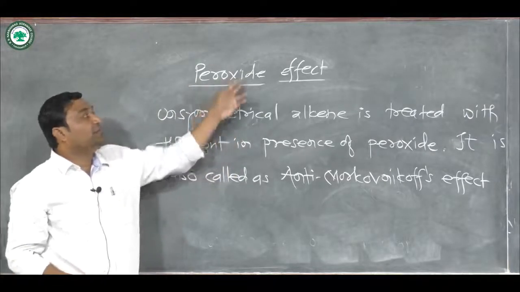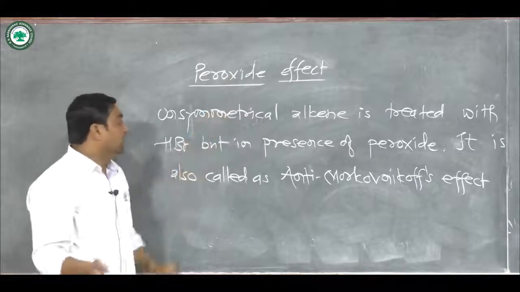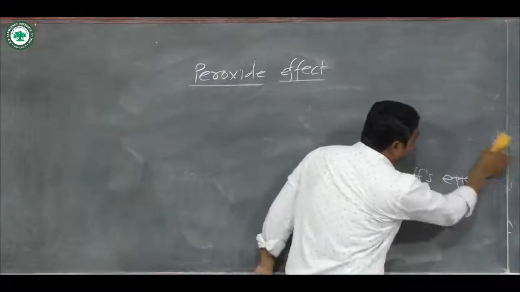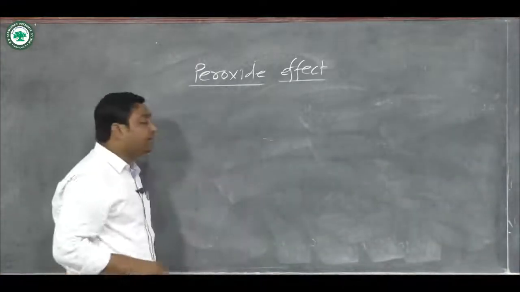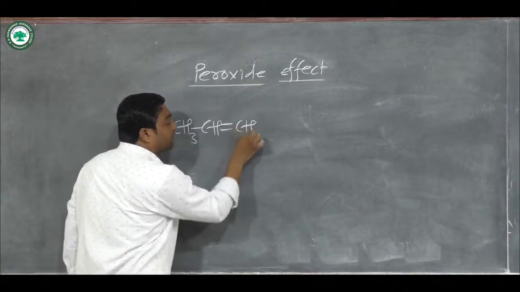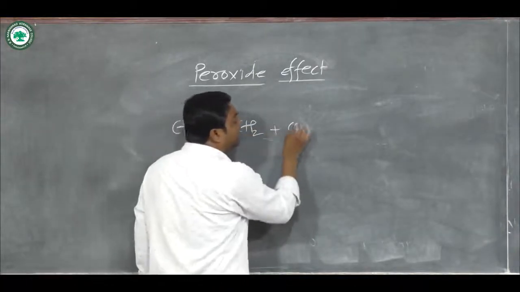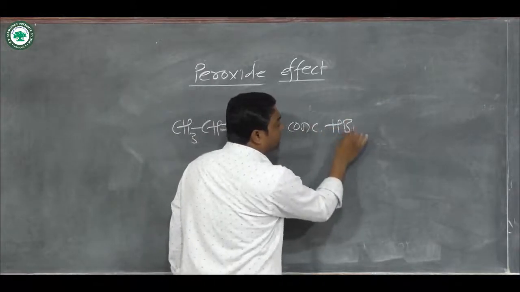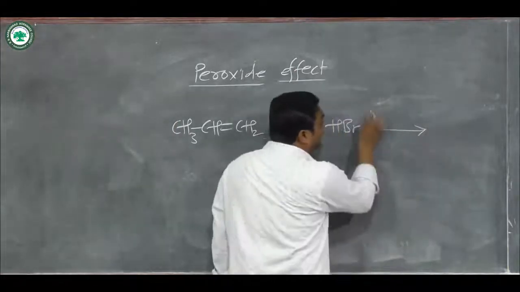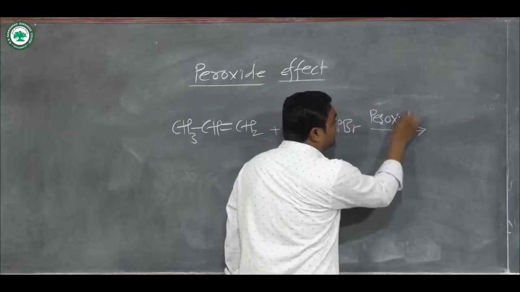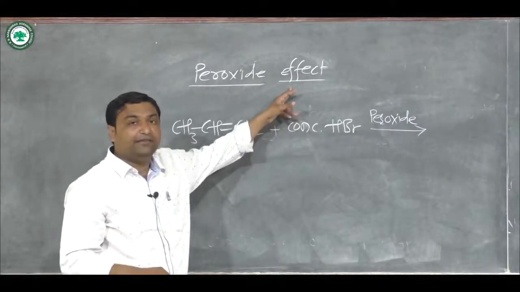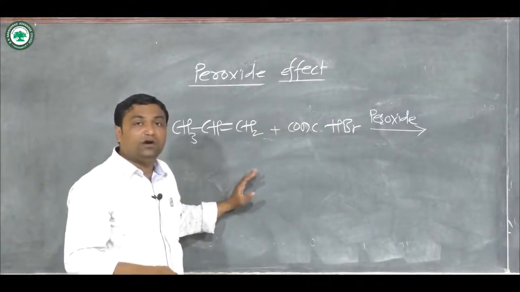Now, this peroxide effect is written as follows. When an unsymmetrical alkene, for example propene, is treated with concentrated HBr, that is hydrobromic acid, in the presence of peroxide, the reaction follows a free radical mechanism, and we obtain a mixture of products.